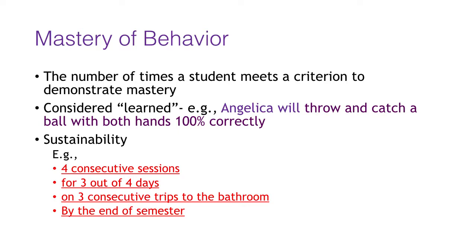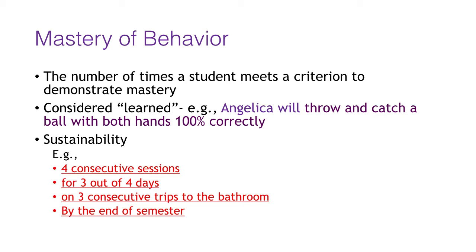Mastery of behavior. This is the last element. You must have this element. It is the number of times a student meets a criterion to demonstrate mastery. If your student meets 100% correct behavior one time, and the next day the student's behavior goes back down to like 20%, then we cannot say the student mastered that behavior, right?